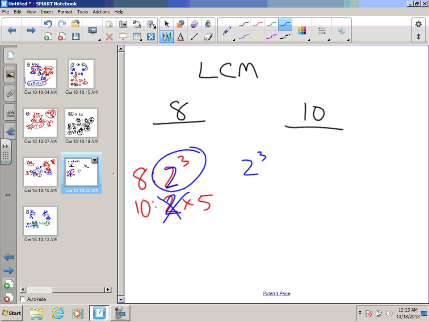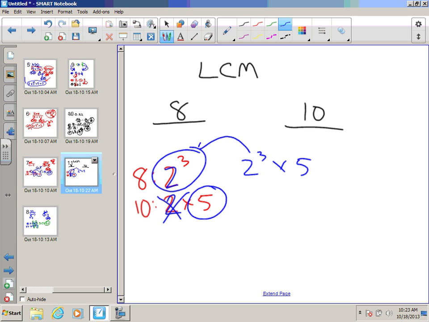Remember, circling and crossing off are going to be extremely important to you so you don't reuse factors, and you make sure you use all the ones you're supposed to. This 5, are there any other 5s to choose from? So this is the 5 I have to use. Don't blow it when you get to this point and confuse 2 to the 3rd power with 6. It's not 6.